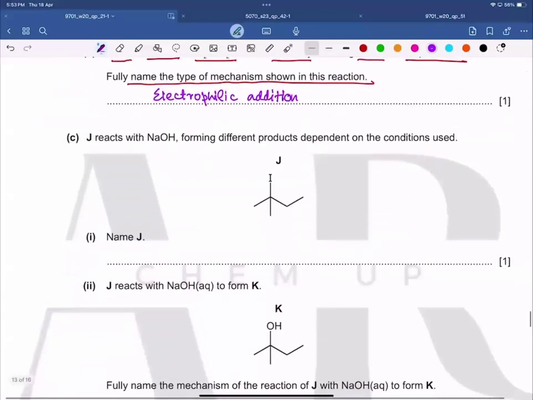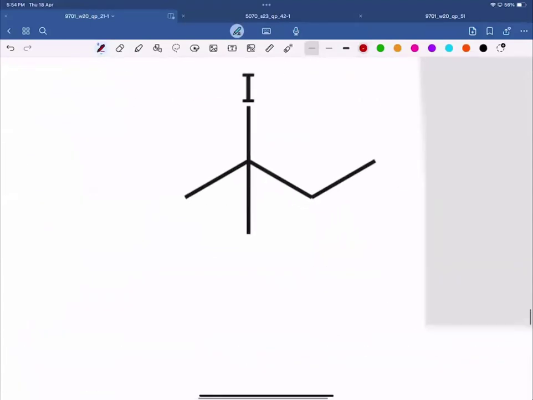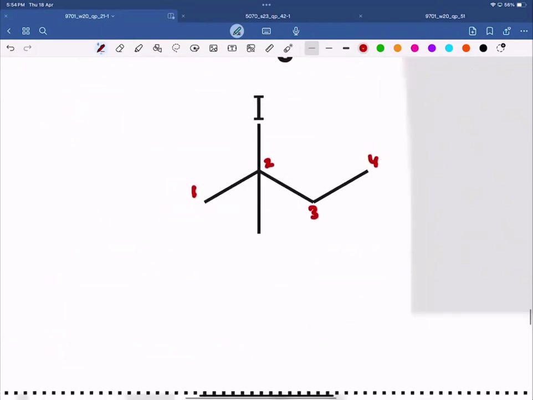Now, J reacts with sodium hydroxide, forming different products dependent on the condition used. Name J. It's butane, but 2 something. 1, 2, 3, 4. 2-methylbutane.